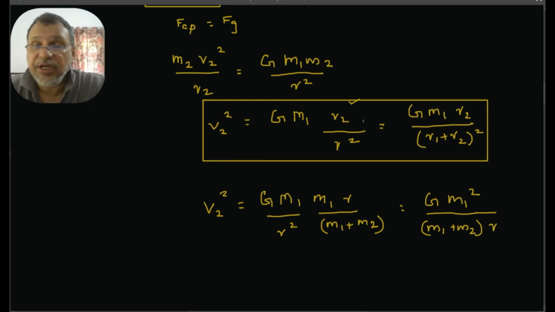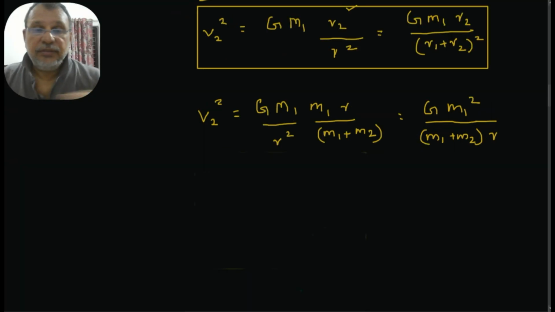Now let's try the second case. V2 square is equal to G m1 square over (m1 plus m2) times r.